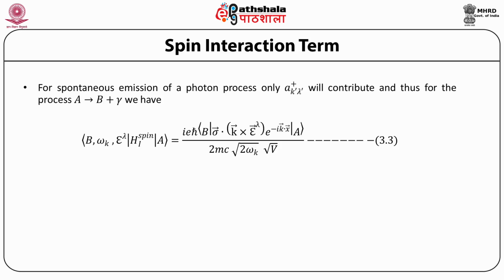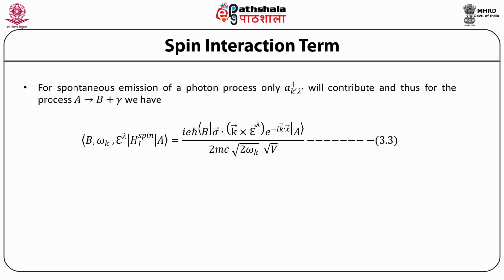And thus for the process A going to B plus gamma, or B plus photon, we have the matrix element of H_I spin between B, omega k, epsilon lambda vector in the final state and A in the initial state.